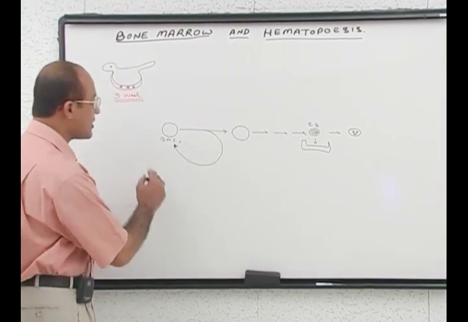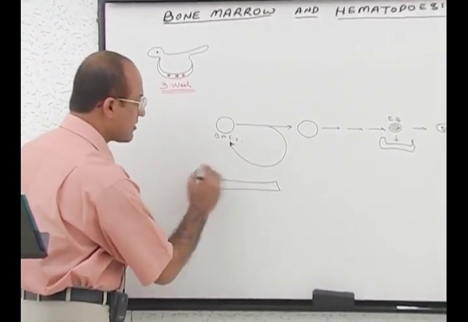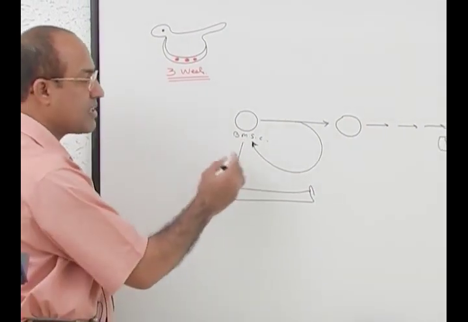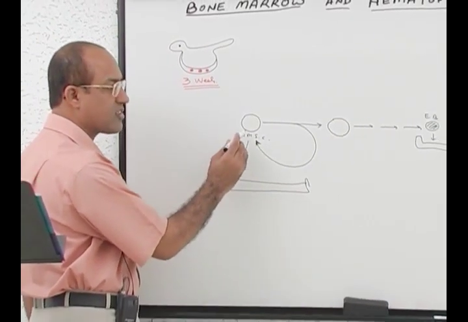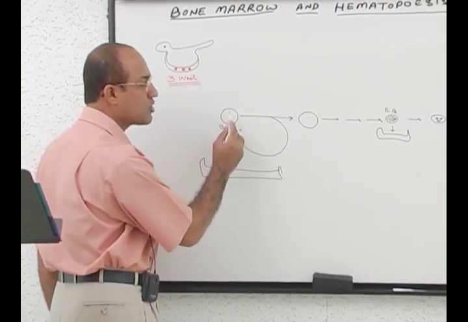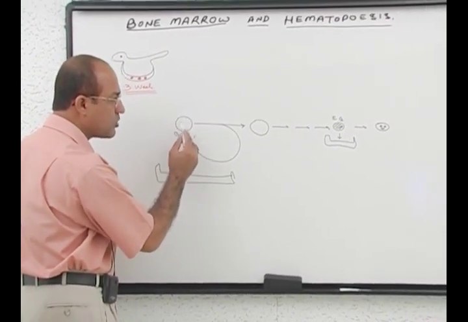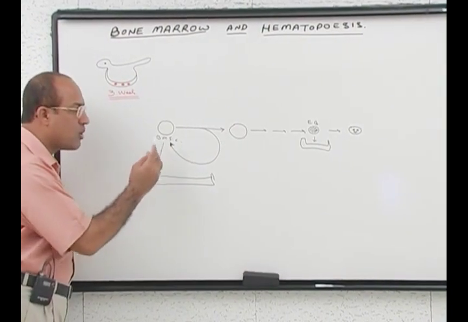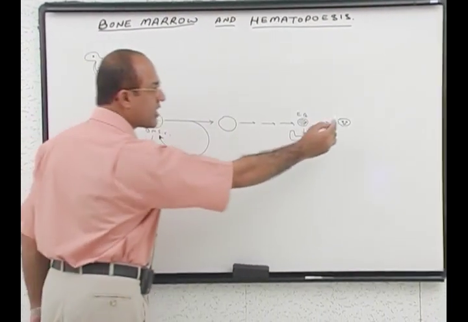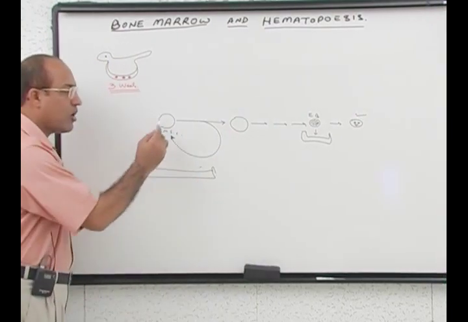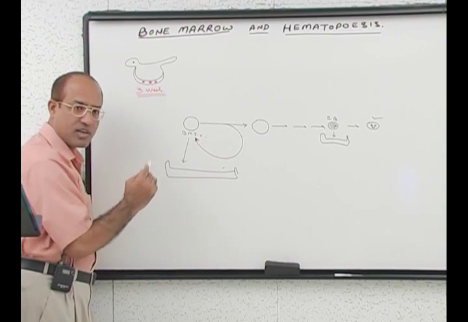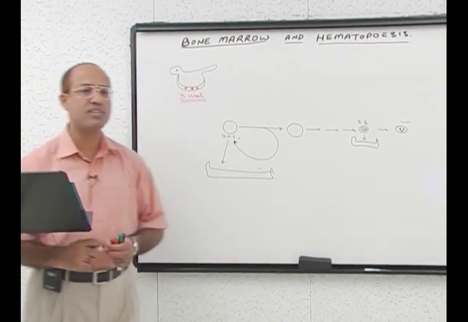But in another cell culture dish, if you put a stem cell and properly stimulate it with growth, or colony stimulating, factors, the stem cell will not only provide the mature product at the end, but it will always maintain its own population.